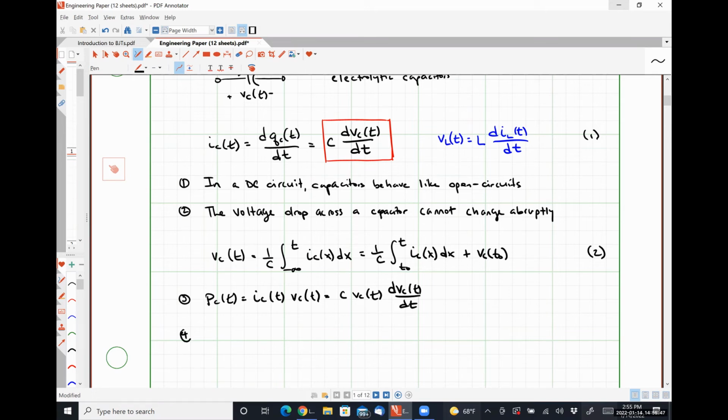And lastly, number 3, energy is going to be 1/2 C V squared. Those are our 4 relationships.